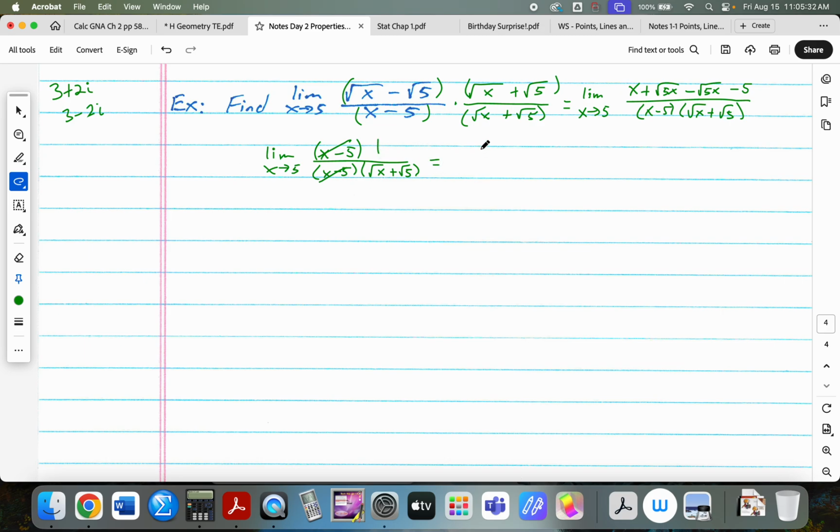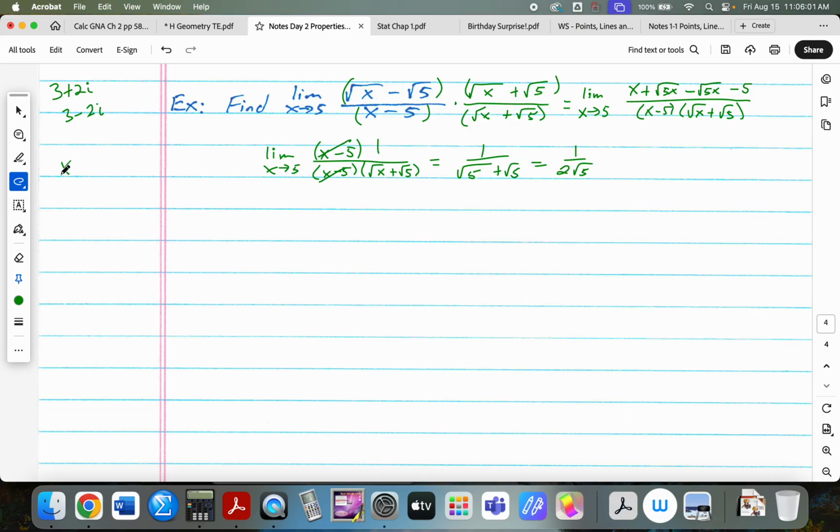So now we get 1 over the square root of 5 plus the square root of 5 is 1 over 2 square roots of 5. That's one way to do this. It works really well. I'm going to show you another way, but you have to think about it a little bit differently.